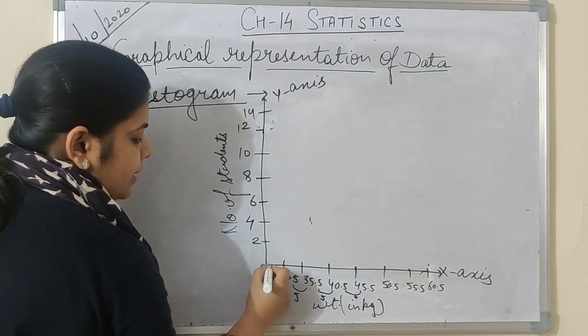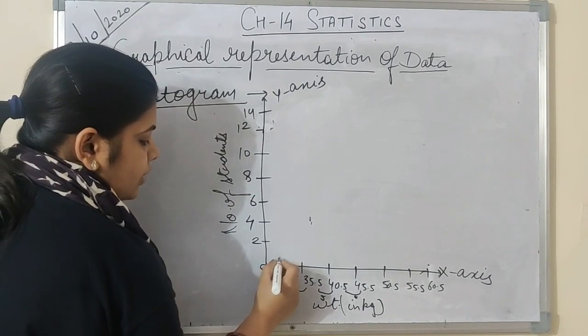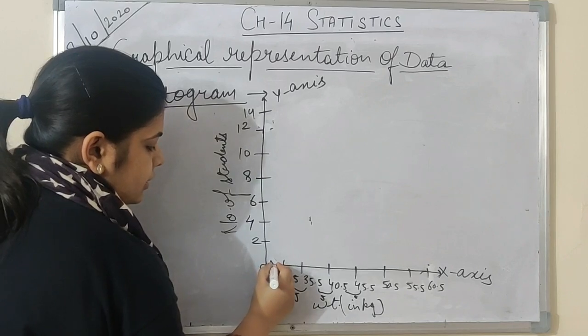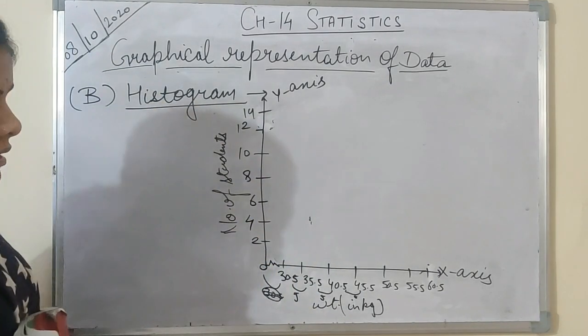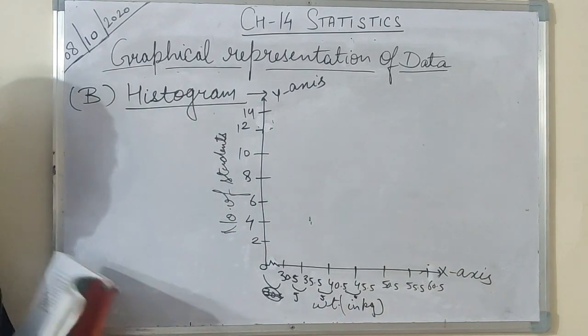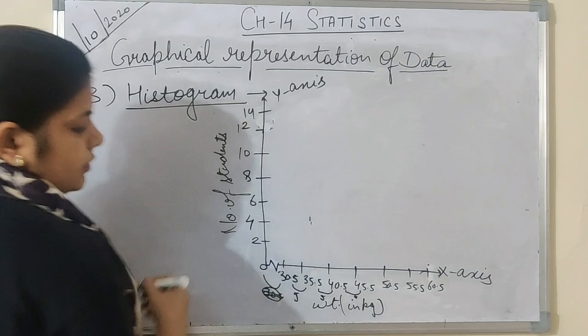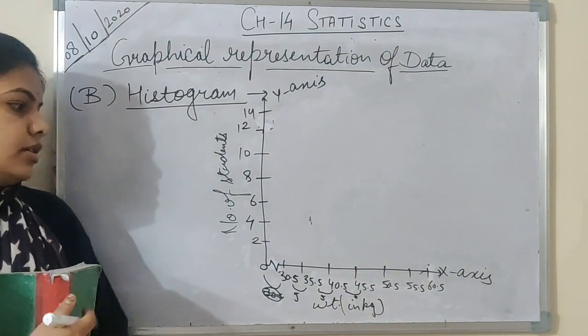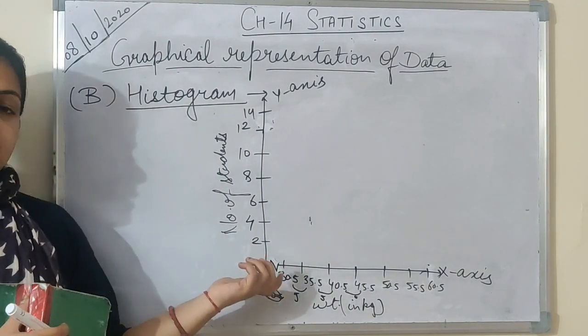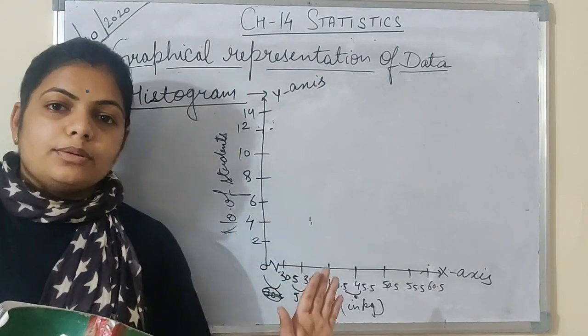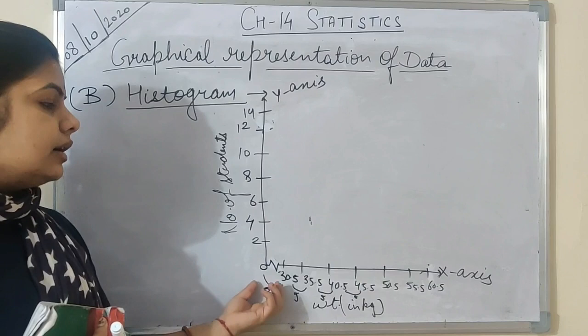That's why we will make a sign of a kink over here. Is this clear? This is the sign for a kink. So I think the kink sign is clear: wherever an unequal gap is coming, you will make a kink.